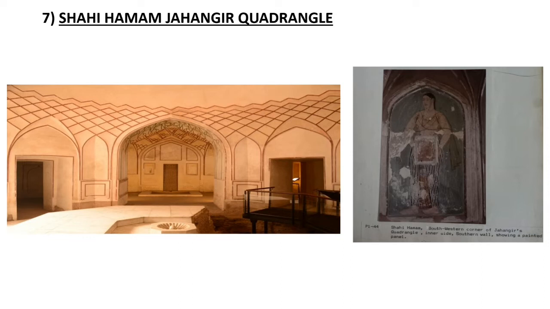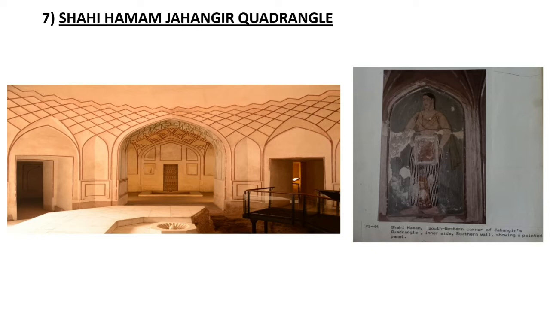Now it has been converted into offices. When the Sikhs under Ranjit Singh, one of the great rulers of the Punjab, made Lahore his capital city, it was also used as a seat of government.